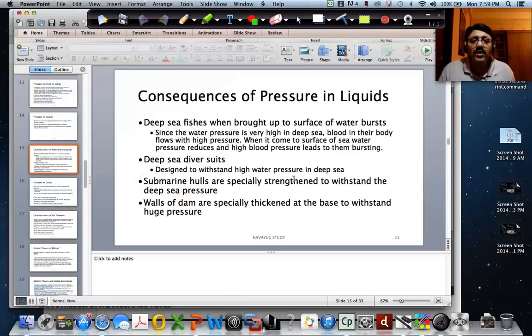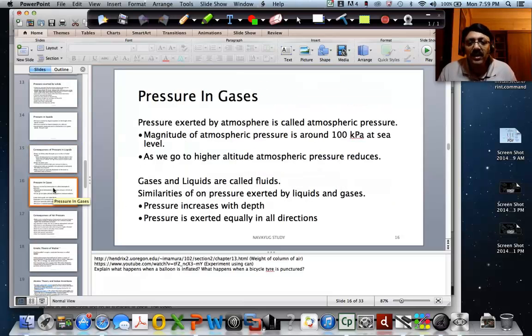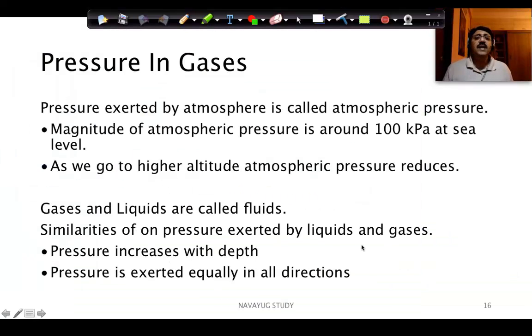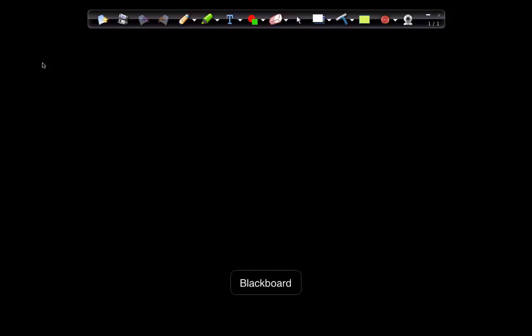So what I told you is that the pressure exerted by the atmosphere is called atmospheric pressure. So what is Pascal? To go back to the units of pressure.